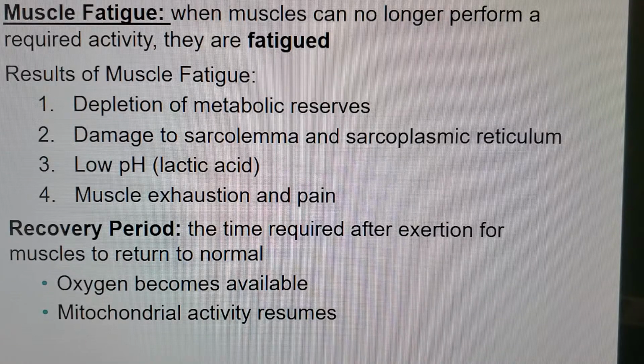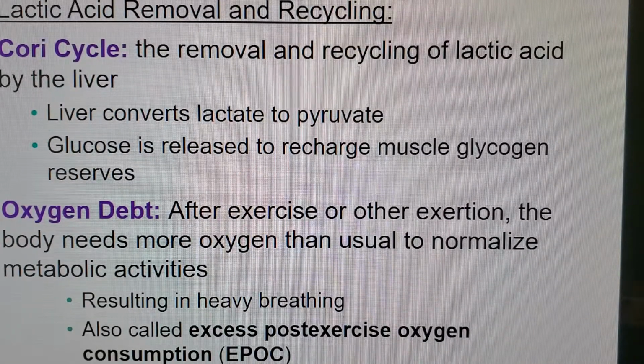The oxygen needs to become available and the mitochondrial activity needs to be resumed. So here we have the removal and recycling of lactic acid by the liver, which converts it to pyruvate, and then glucose is released to recharge muscle glycogen reserves.